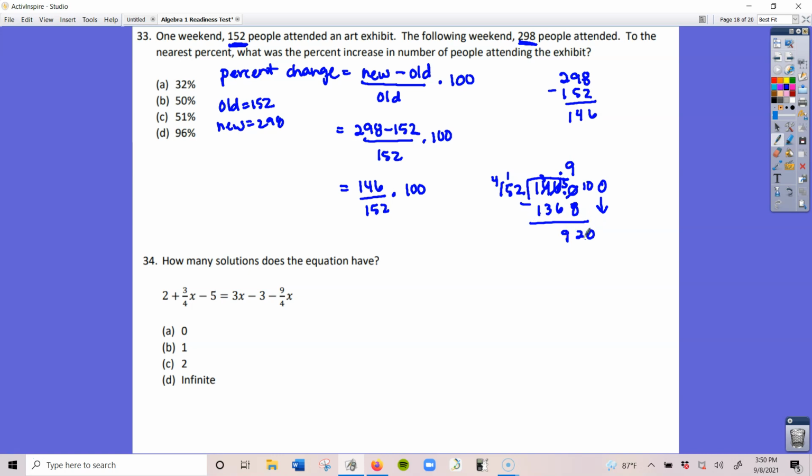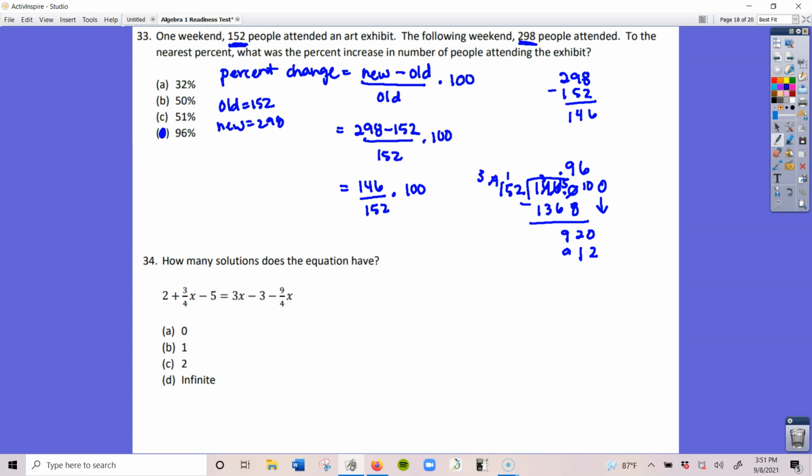152 goes into 920. Not quite sure, but let's try 6. And the reason I'm trying 6 is because I see here that all of the percentages, you have 32, 50, 51, and then 96. I already got the 9. So it's most likely this one. But let's double check. So 6 times 2 is 12. 6 times 5 is 30, plus 1, 31.